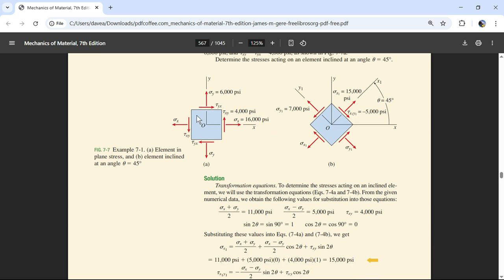If you wanted to do this the hard way, just cut here at a 45. Hey, we know what sigma x is. You know what I mean? And so let's say, because the numbers are up here, let's just make a cut here, lop off that part, and we know this area is the square root of 2. It's 1.414.